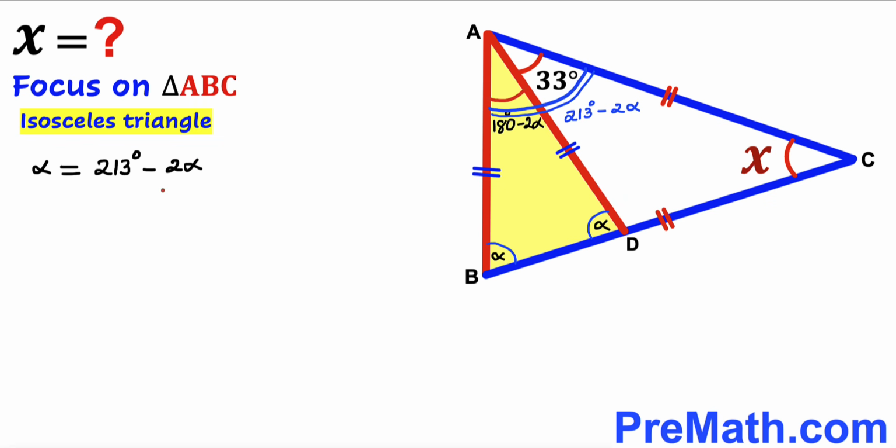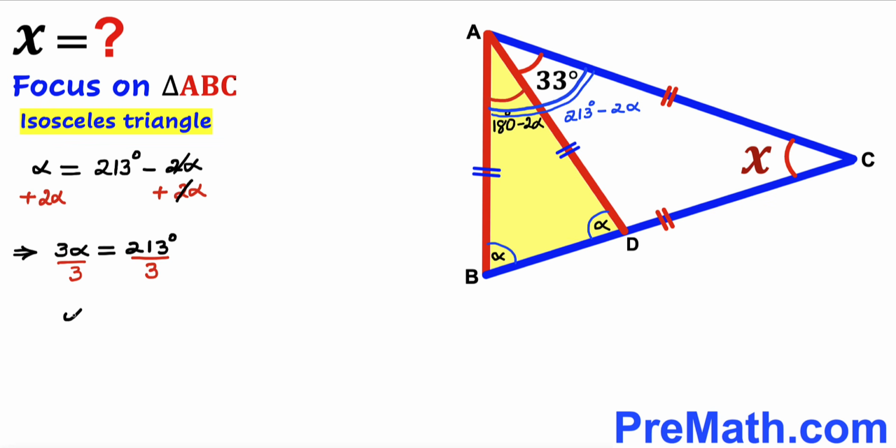And now I'm going to add 2 times alpha on both sides. And here we can see this is gone. So therefore we ended up with 3 times alpha equals to 213 degrees. And now I'm going to divide both sides by 3 to isolate angle alpha.